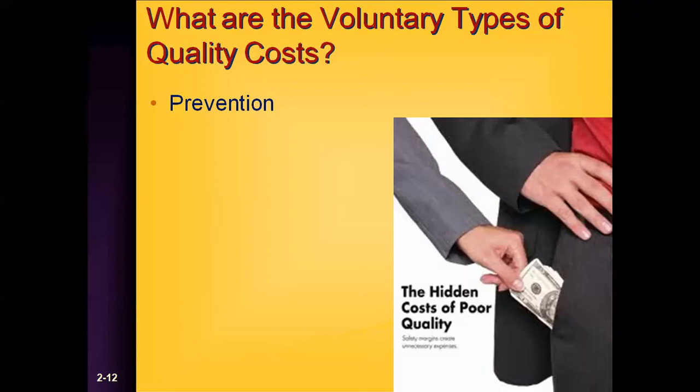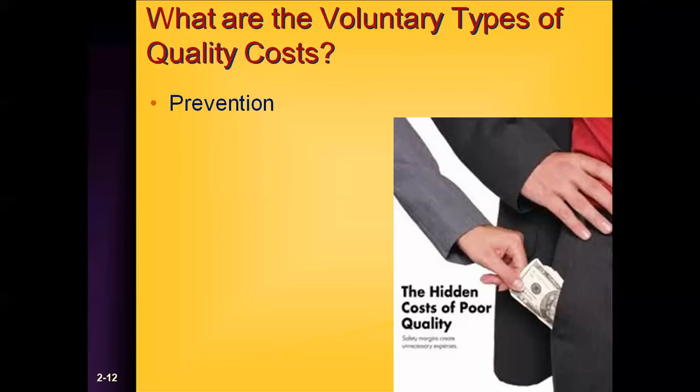This can be reduced if there is proper employee training, especially in manufacturing when someone is on the manufacturing line, as well as product and process design. If you design a good product that's high quality, you're going to have less problems. You design a poor product, you're going to have big problems.